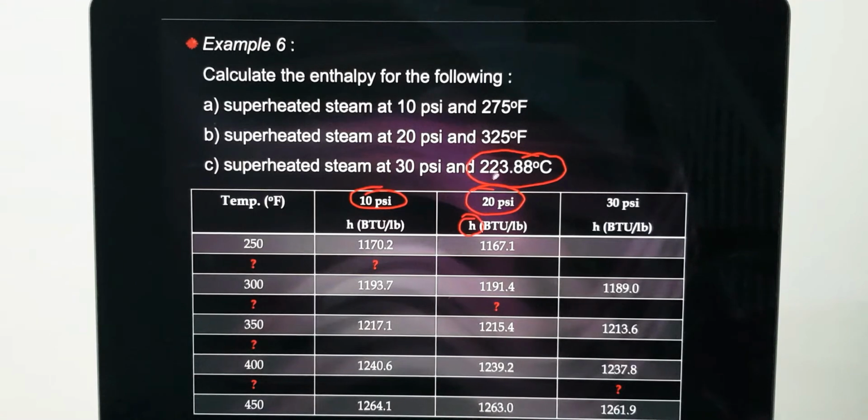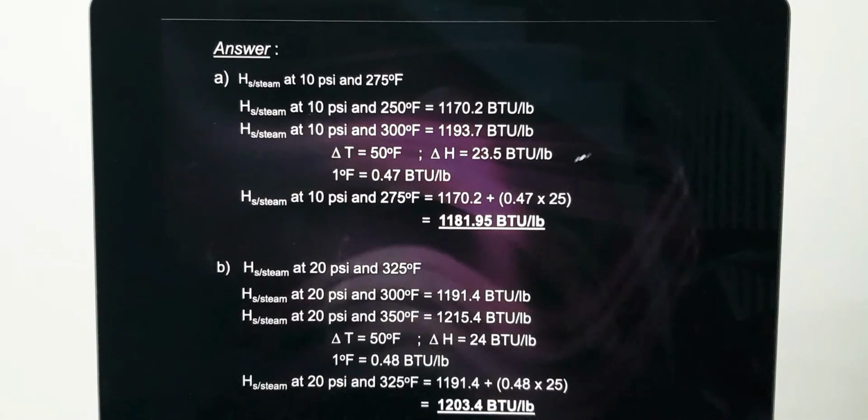So convert this value and then find the information from the superheated steam table, attachment number 3. After you convert the temperature value, it is supposed to be in between 400 and 450 degrees Fahrenheit under 30 psi. Alright, so now let's move on to the following slide.